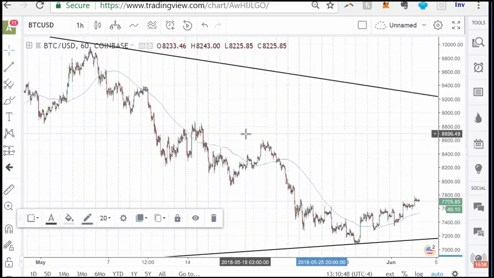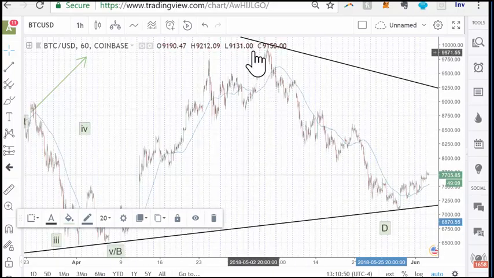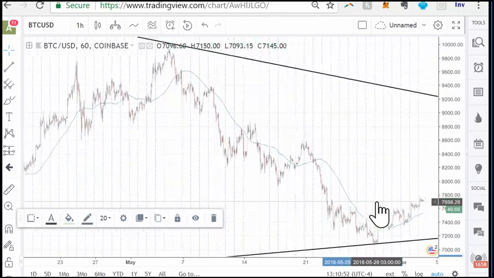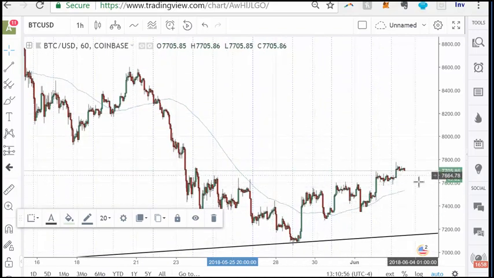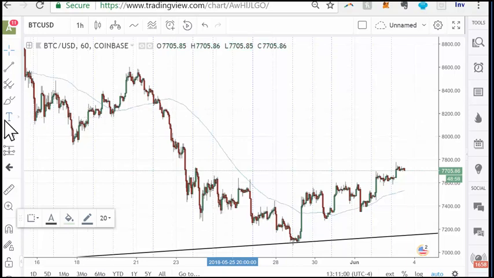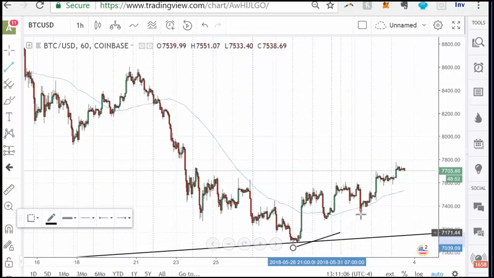We have this thing pulling down, and we have something moving higher. But what exactly is it? The way I see it, we actually have a leading diagonal.